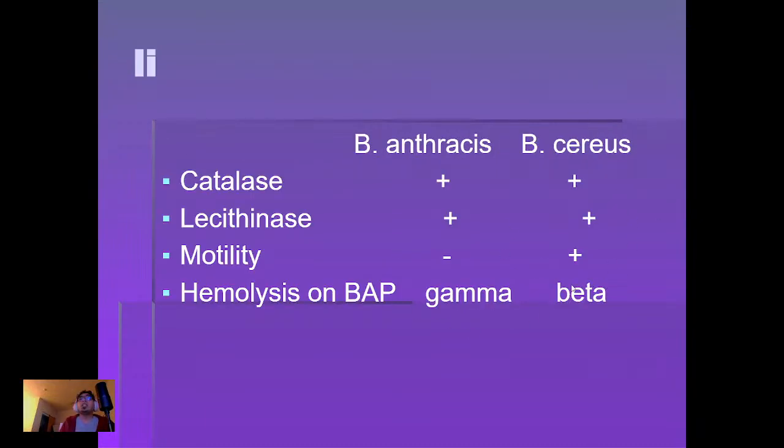Bacillus cereus is beta hemolytic. Every test that we're going to talk about, CLM, will test positive for Bacillus cereus. And because Bacillus anthracis is the only Bacillus that is immotile, it will test positive for catalase and lecithinase, but not positive for motility. Clear ba tayo doon, class? Hindi ko pinapansin muna yung ibang test. CLM ang shortcut ko sa kanya. Pero ang una kong tinitingnan muna is hemolysis pattern, lalo na kung nakakita ako ng centrally located spore.